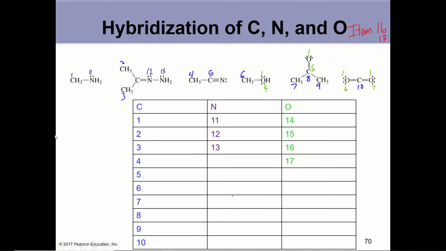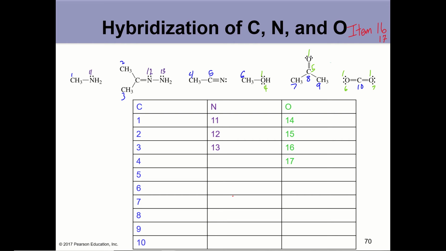So for practice, we can determine hybridization by counting how many electron domains, and then based on the number of electron domains, writing out the hybrid geometry of that carbon, nitrogen, or oxygen.